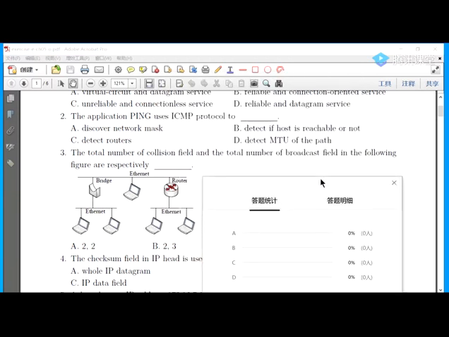Now, please consider question 2. Which answer is correct? A, B, C, or D?